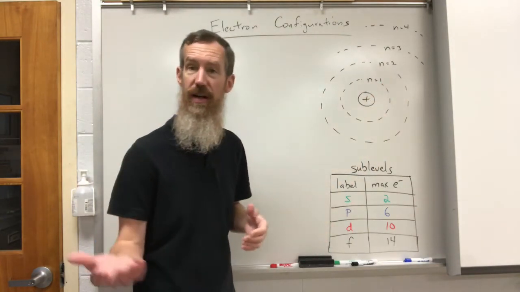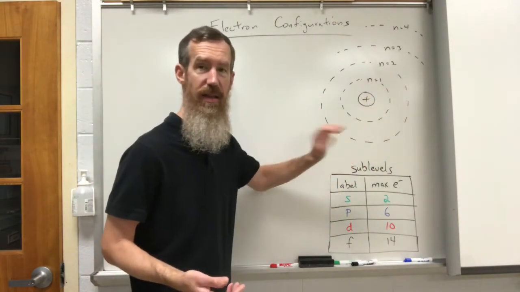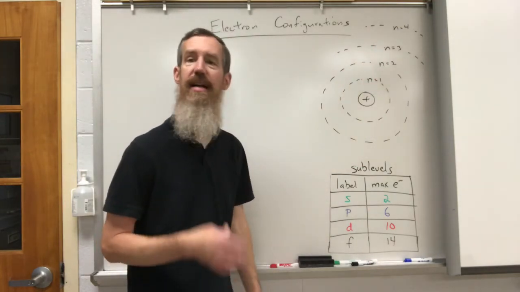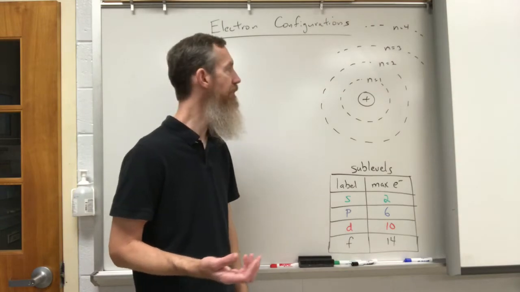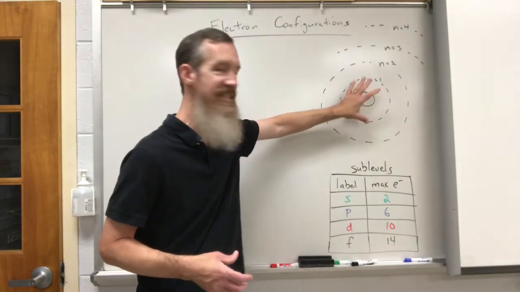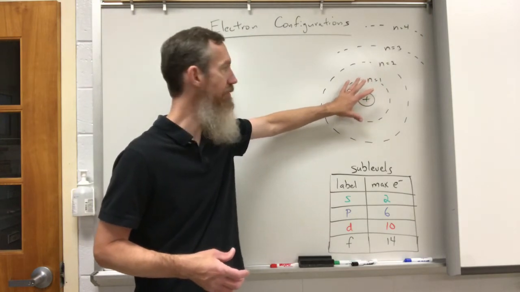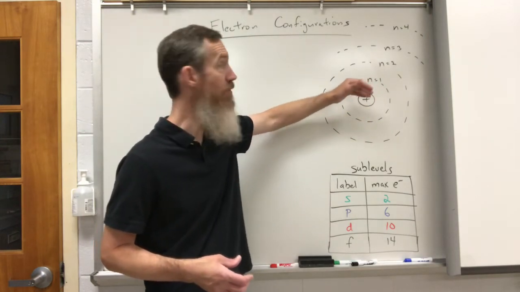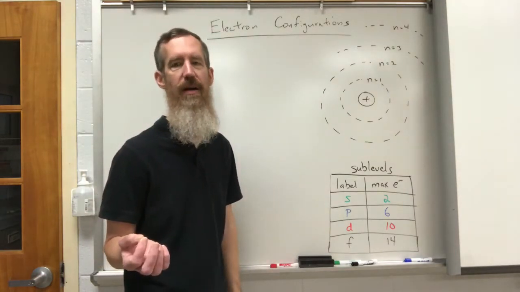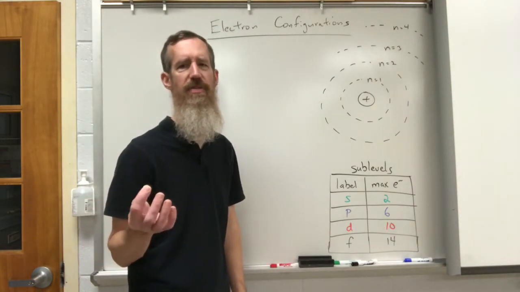And then if you have electrons to fill that completely, then you're going to find some electrons in the third energy level, and so forth. This concept of electrons existing in the lower energy levels before they get into higher energy levels is a principle called Aufbau. German word means to build.